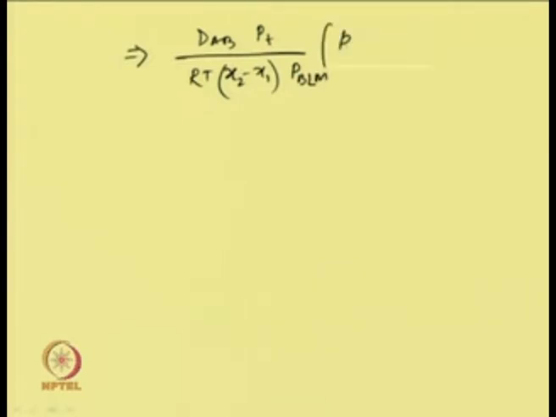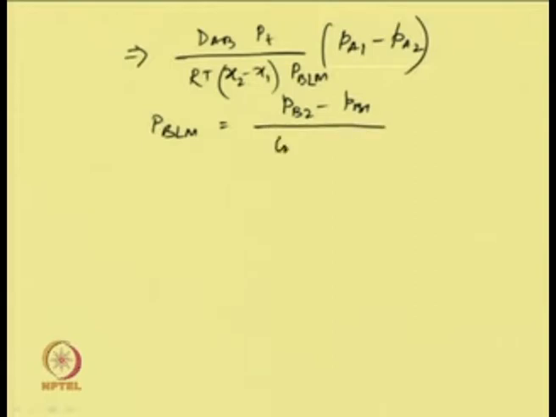or which we can write as dAB Pt by RT x 2 minus x 1 into PBLM into Pa 1 minus Pa 2, and this PBLM is equal to Pb 2 minus Pb 1, the pressure difference between the 2 points, divided by ln Pb 2 by Pb 1.